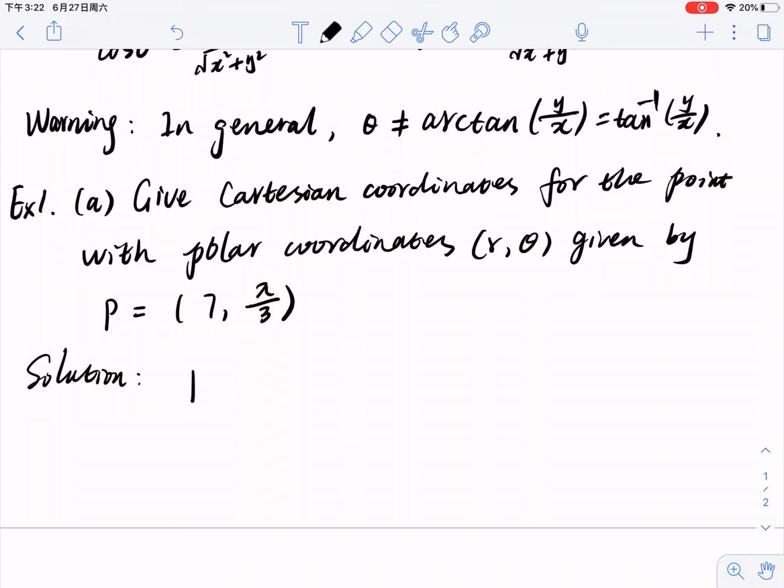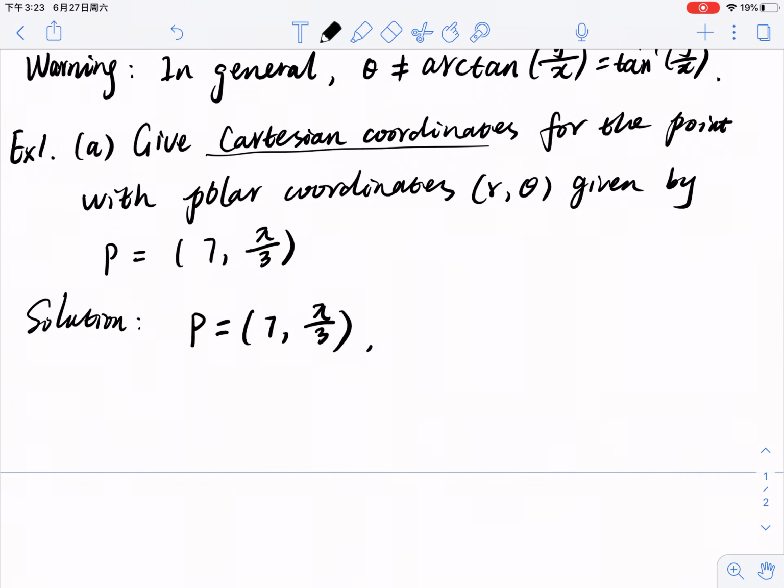So we are given the polar coordinates of P, and we want to find its Cartesian coordinates. From its polar coordinates, we have r is 7, theta is pi over 3.